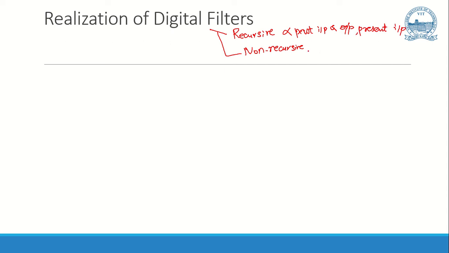And in the case of the non-recursive filter, it is dependent on present and past inputs. So essentially this becomes a finite impulse response filter, and this becomes an IIR filter, infinite impulse response filter.